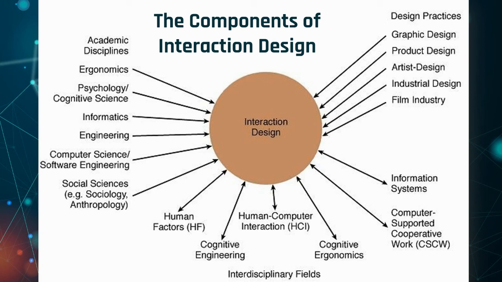So here we present the core ones along with interdisciplinary fields that comprise one or more of these. Interaction design has many components and many fields it can be applied to. In design practices, it is applied to graphic design, product design, artist design, industrial design, and the film industry.